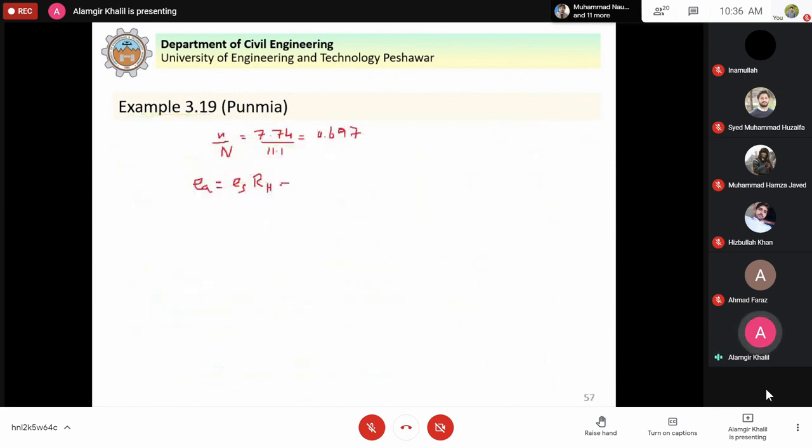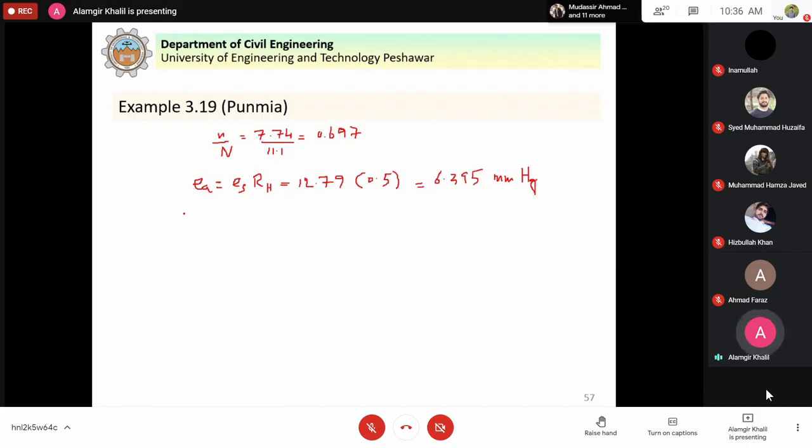So we can put its value here, ES, that is 12.79, into 0.5. So the actual vapor pressure is 6.395 millimeter of mercury Hg.